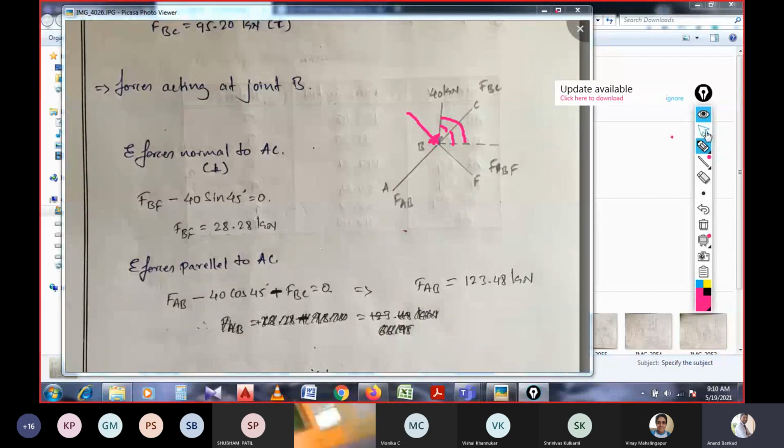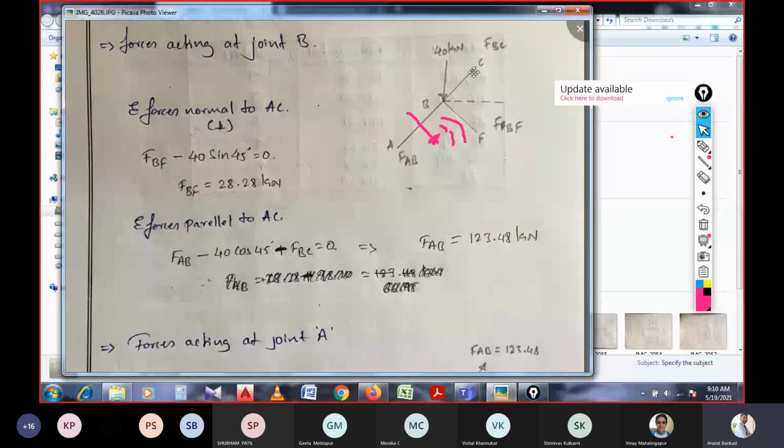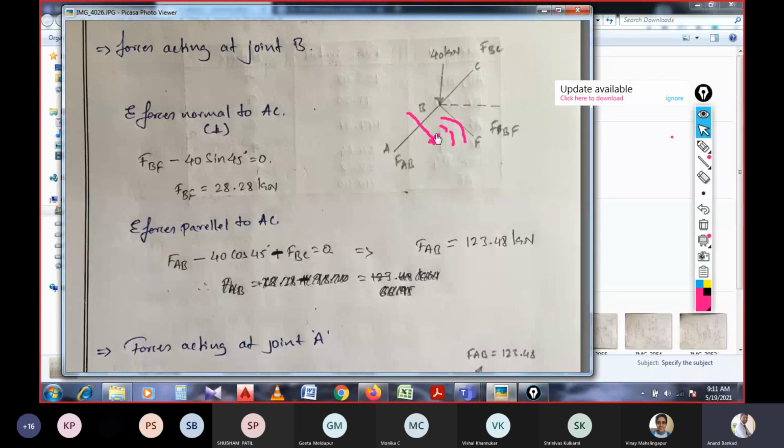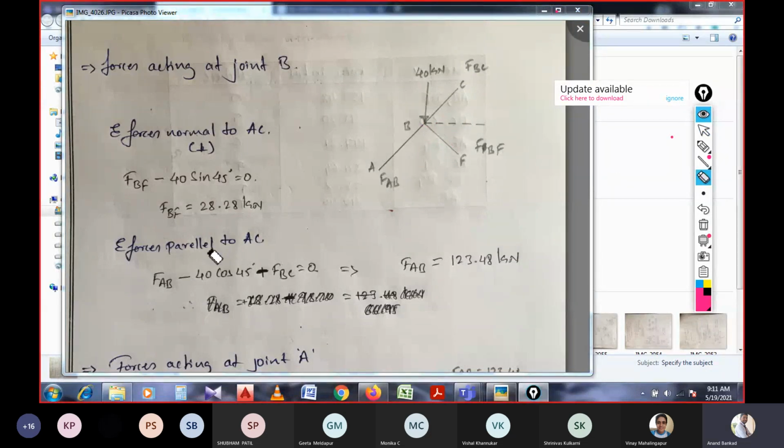And now here, if you consider the forces parallel to the member AC, then that would be F, that is FAB, which is one of the members having a positive direction moving towards the top, and minus 40 cos 45, which is having the downward direction taken negative sign, and again FBC is also a member which is taken negative over here, which is moving downward.